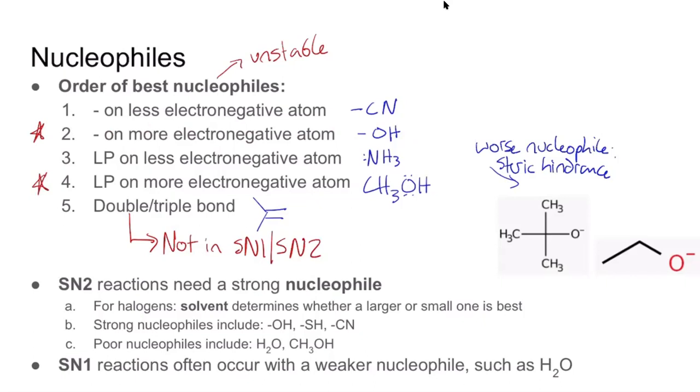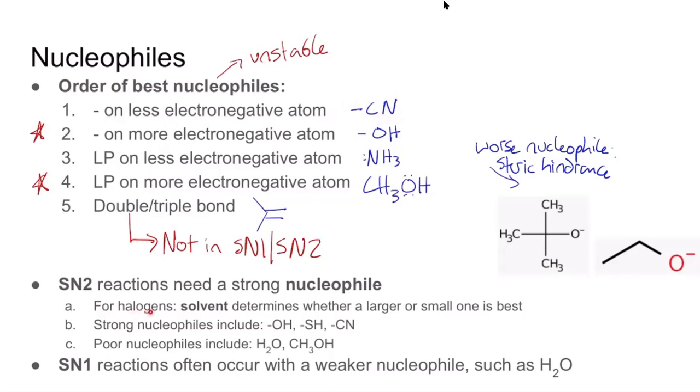Now, for SN2 reactions, you're going to want to have something that's more like number 2 than number 4, because number 2 is higher up on the list, it's stronger, it's going to be better able to perform that SN2 backside attack. Of course, number 1 would be the best, but as we talked about, this is the most unstable, having a negative charge on a less electronegative atom, so it's not seen quite as often, I would say.